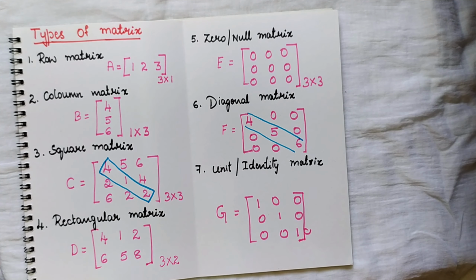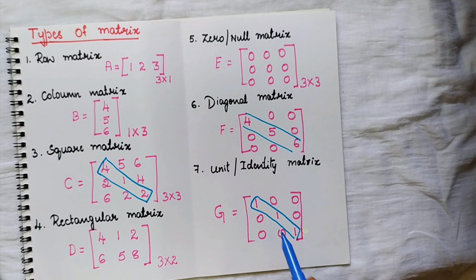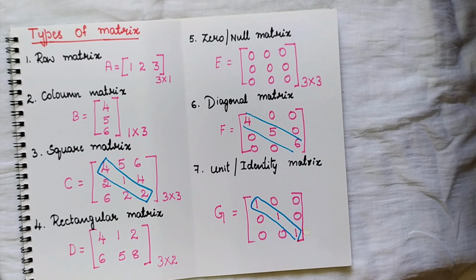So identity matrix is also called a diagonal matrix.